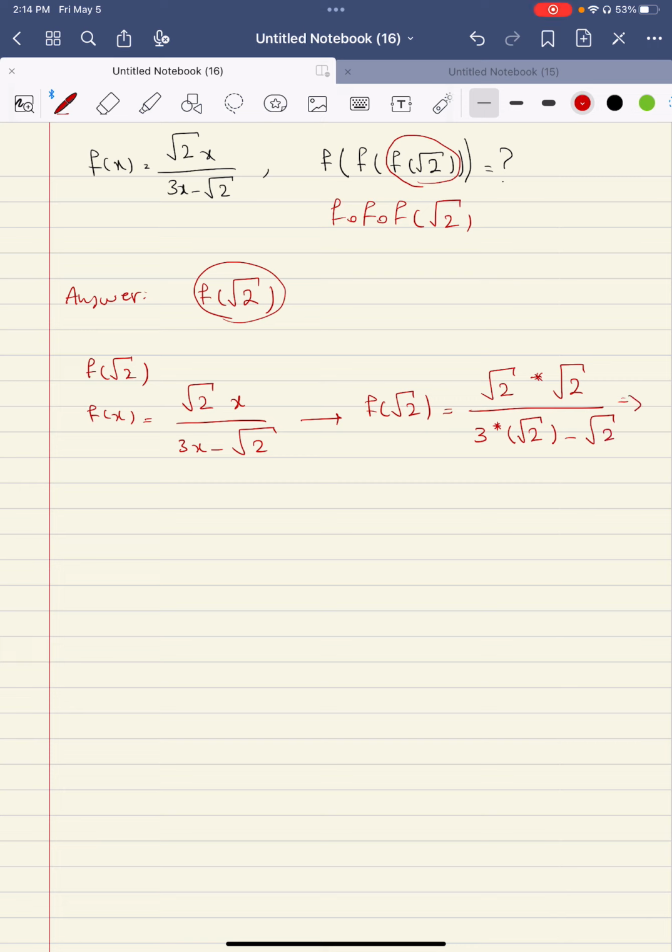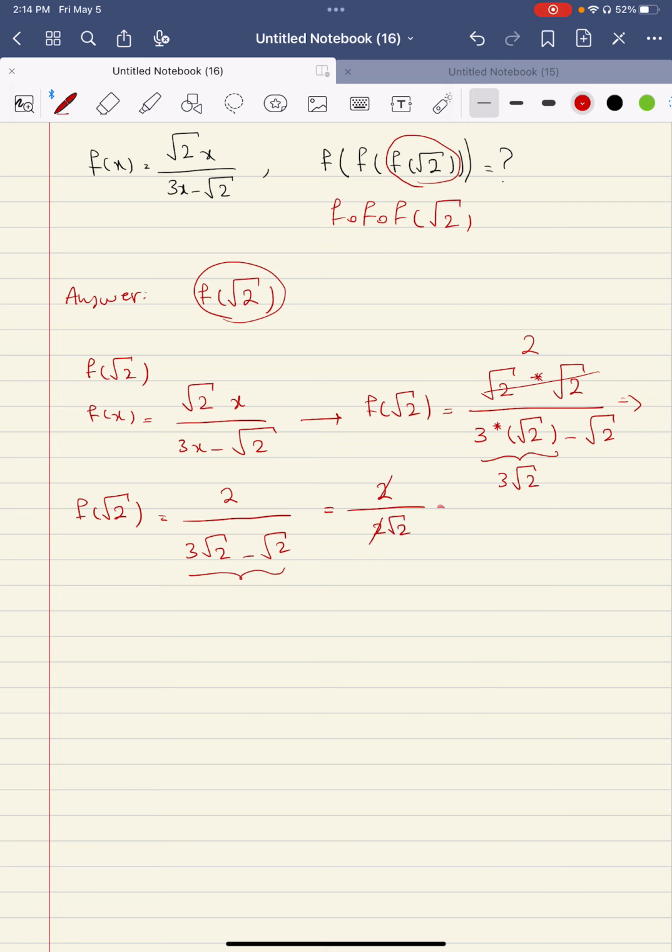So the answer of f of root 2 would be root 2 times root 2 is number 2, over 3 times root 2 is 3 root 2 minus root 2. So it will be 2 over 3 root 2 minus root 2 is 2 root 2.